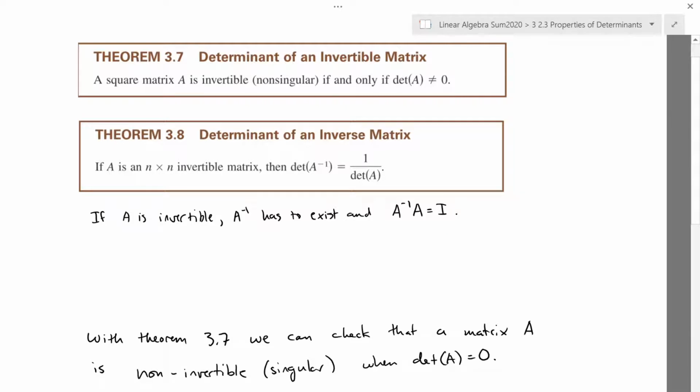But then, what does this mean in terms of the determinant? So we can take the determinant of both sides. And on the left is just the product of A inverse with A. But we already know from theorem 3.5 that the determinant of a product is the product of the determinants.